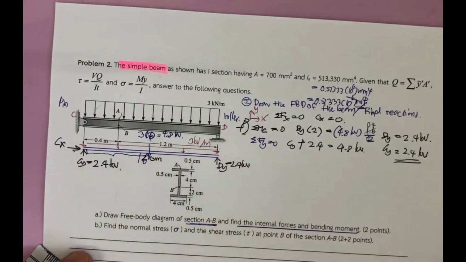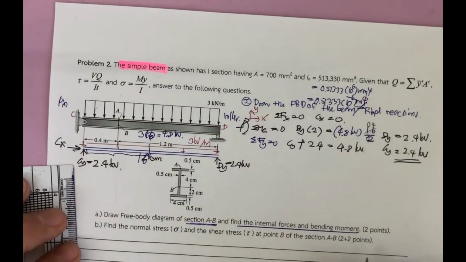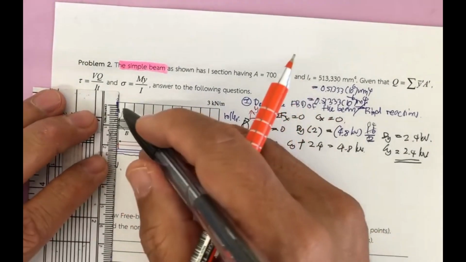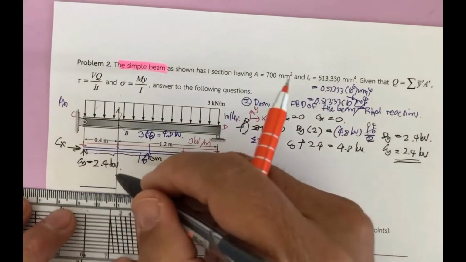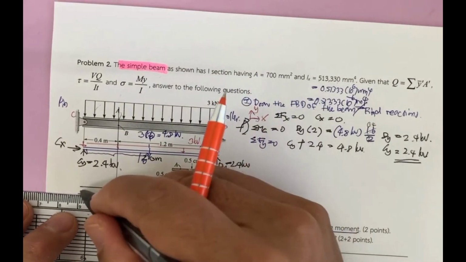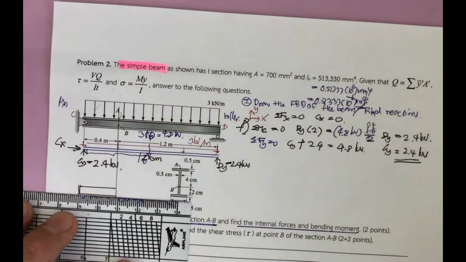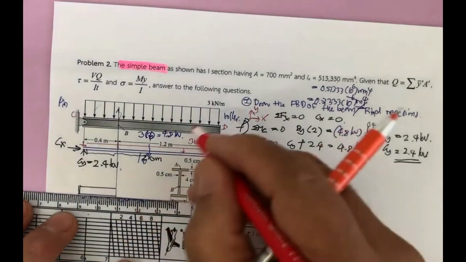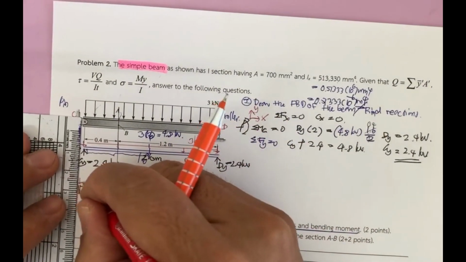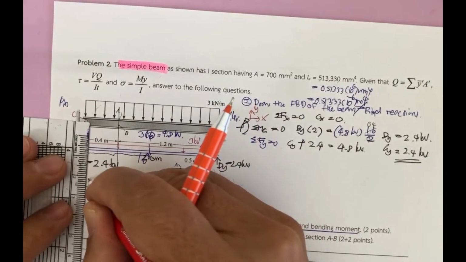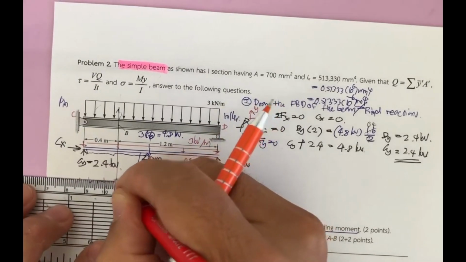Okay? And then next, we are going to cut this section. We cut this section at section AB, and the beam is subjected to 3 kilonewton per meter. We cut it at 0.4 meter.